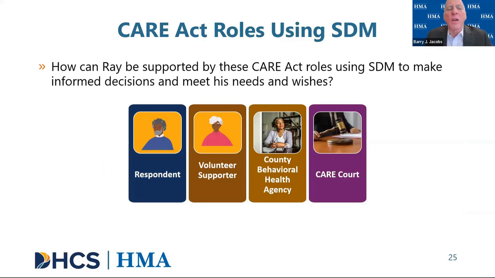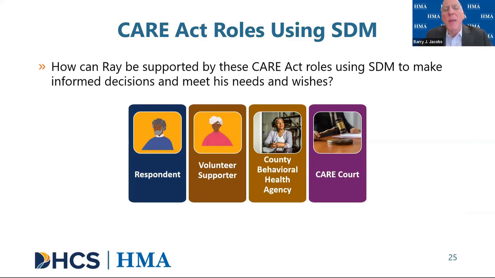So we've been talking about 4 different types of roles in the CARE Act process up to this point. And we're going to unpack them just a little bit now. So the first is obviously the respondent. And we mentioned Ray, and we mentioned the volunteer supporter role, his older sister.